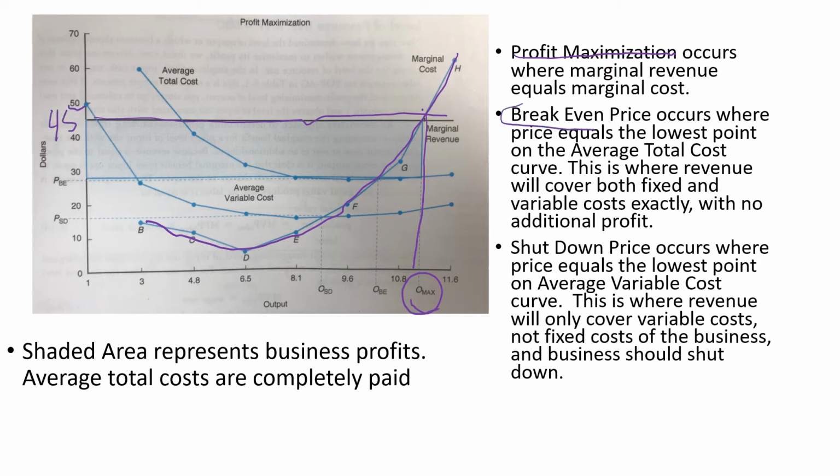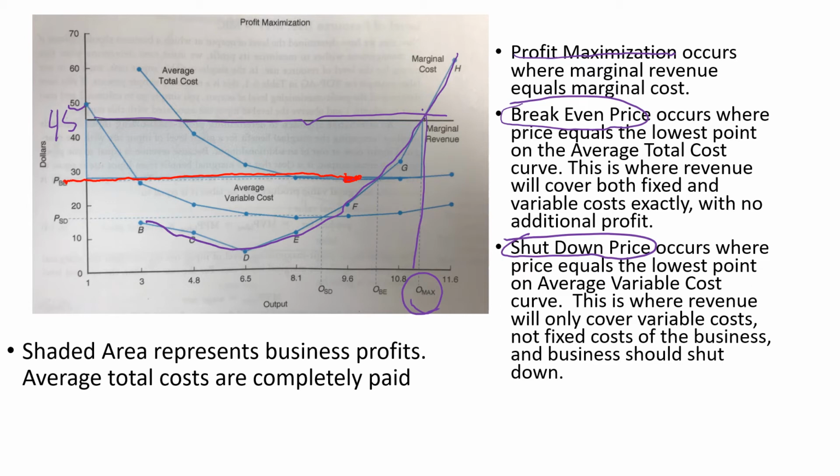We can also figure out what the break-even price is and what the shutdown price for the business or firm is. So the break-even price is going to occur at the lowest point of the average total cost curve. So here's the lowest point of the average total cost curve. And if we follow that over to the price, looks like that's just under $30.